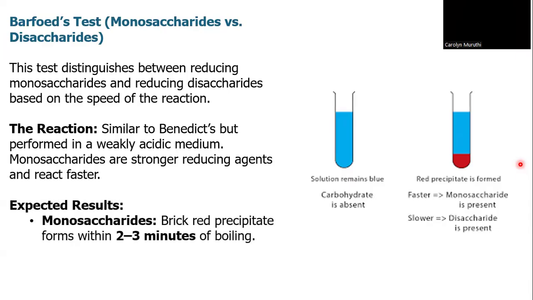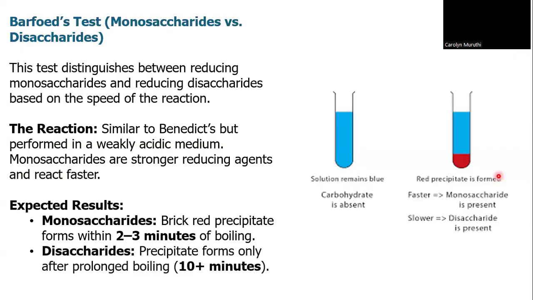So expected results: monosaccharides will form a brick red precipitate within 2 to 3 minutes of boiling, whereas the disaccharide precipitate will form only after prolonged boiling, about 10 minutes. In case of absence of reducing monosaccharides and disaccharides, the solution remains blue.